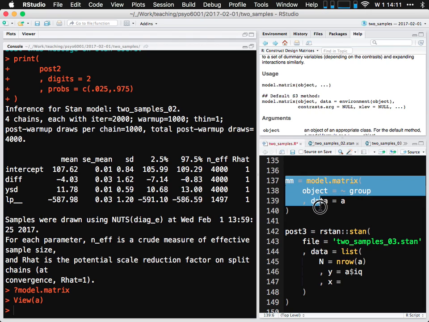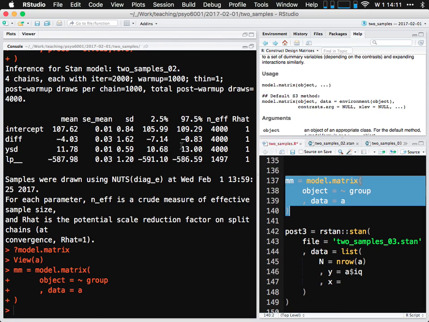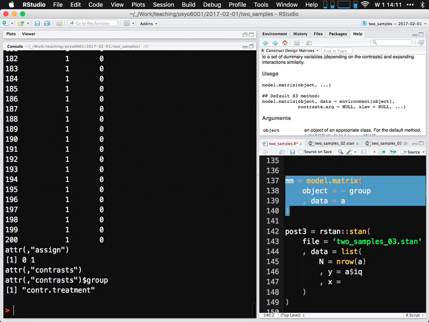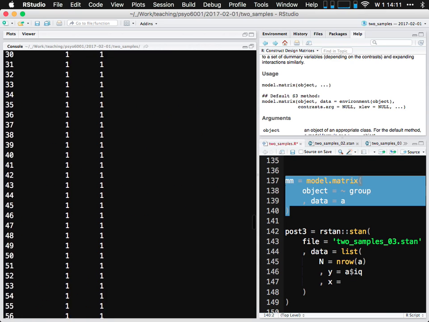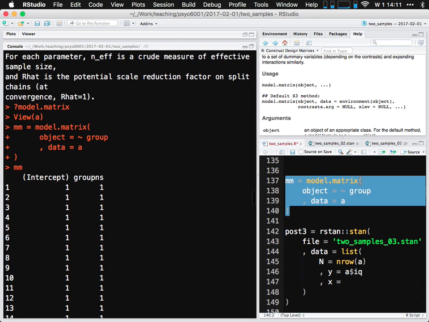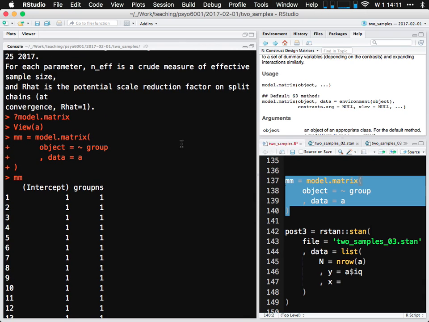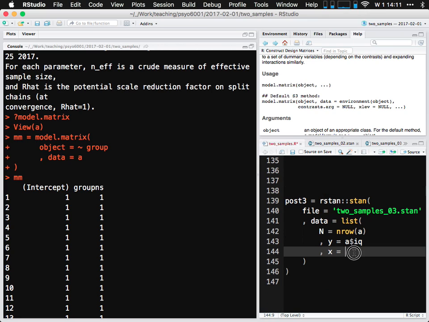So if I create this thing called mm, I'll just take a look at it. Ah, this actually is going to have the intercept in it already. All right, I'll build up to this. So for now, I'm not going to do this.